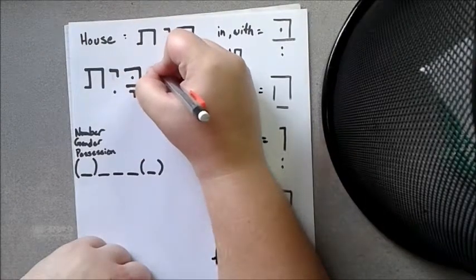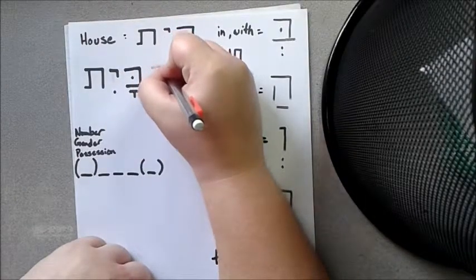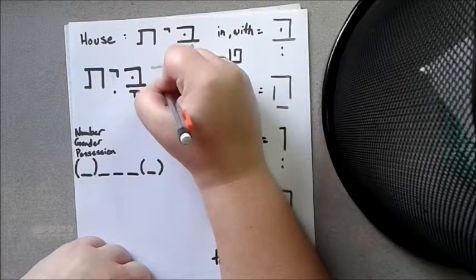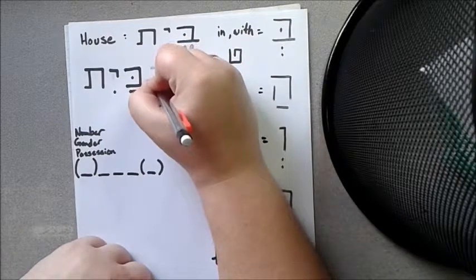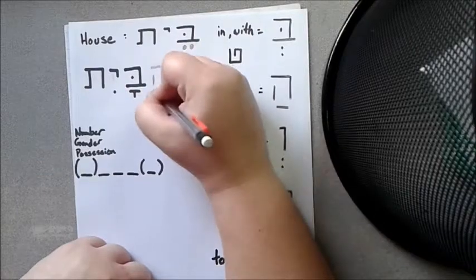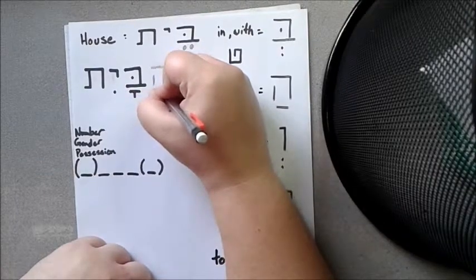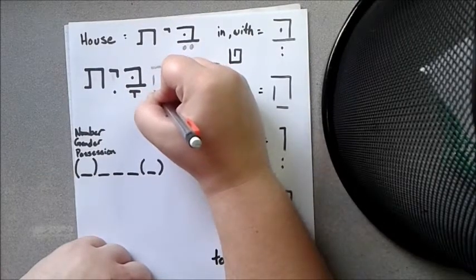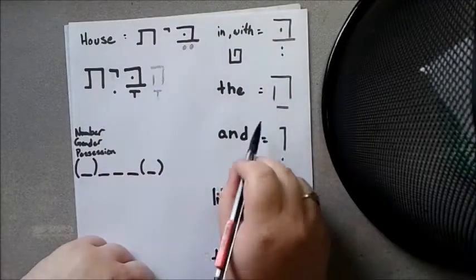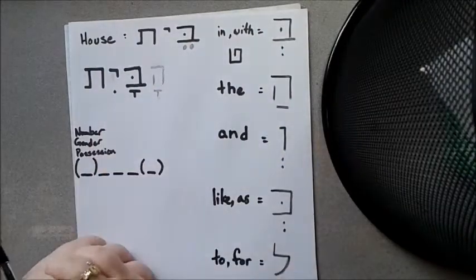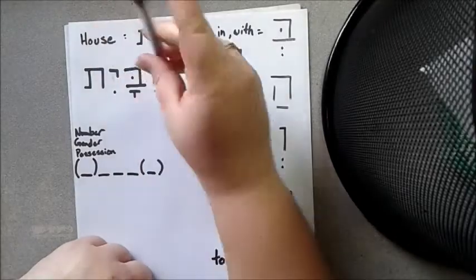Okay, going back to our examples. I'm going to do our hey. Okay, the habayit would be the house.